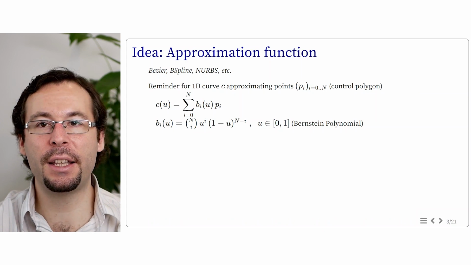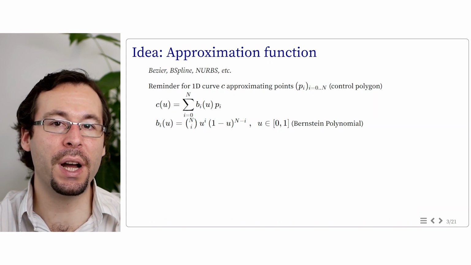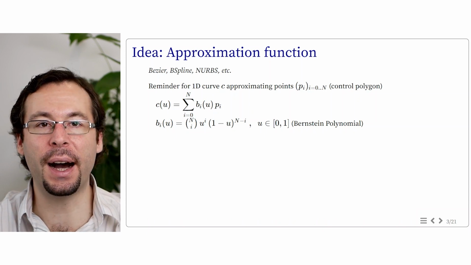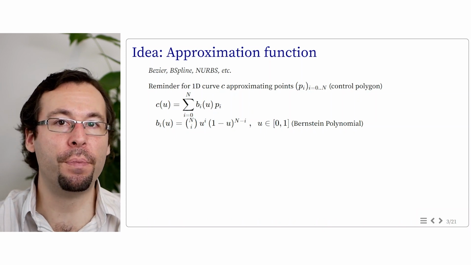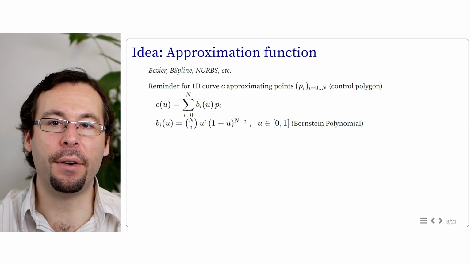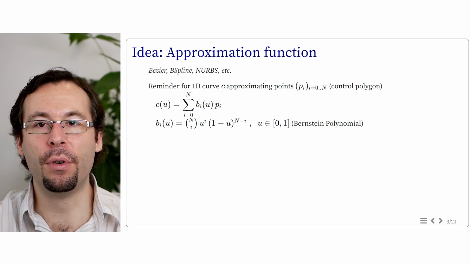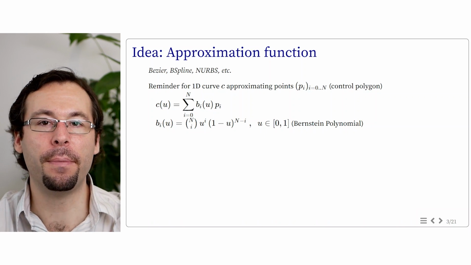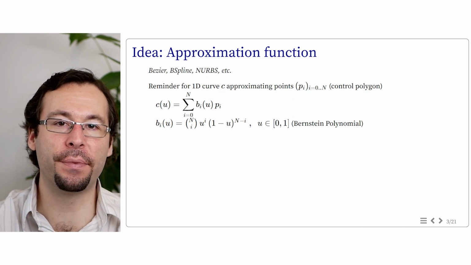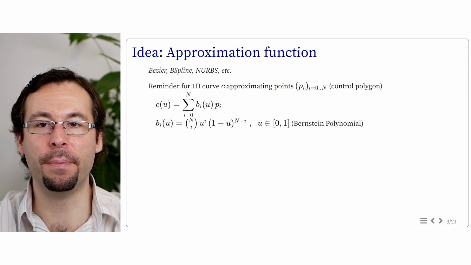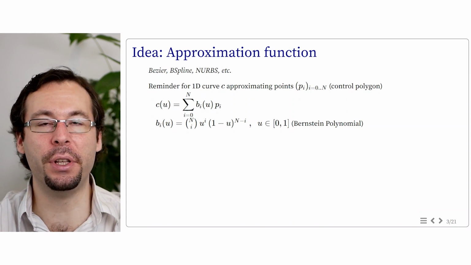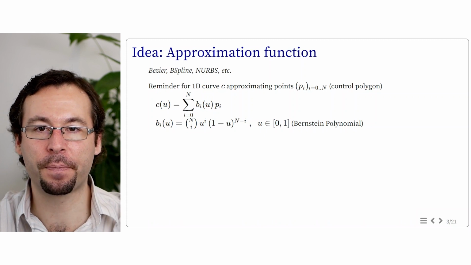Usually Bézier curves are explained to define a 1D curve C approximating n points pi, which is called a control polygon. C of u is the sum over all i between 0 and n of some basis function bi of u times pi. So bi of u is the basis function, using the Bernstein polynomials in the case of Bézier.